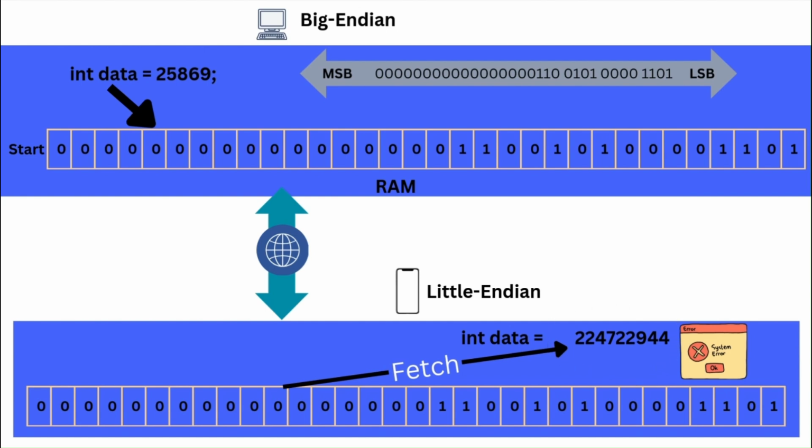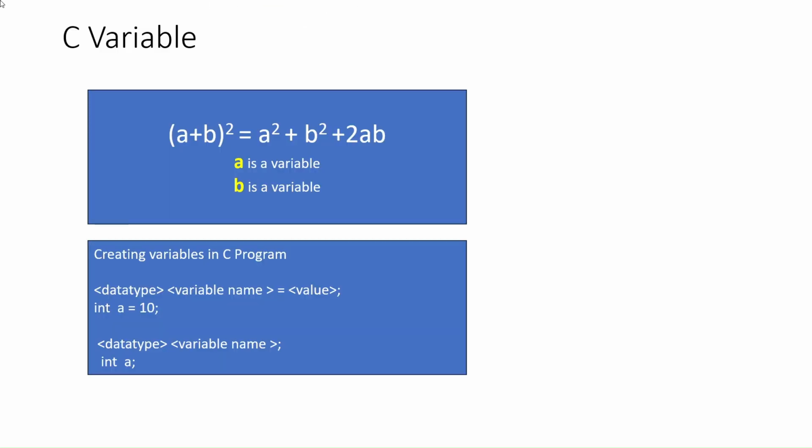Today I just want to explain the different problems that arise due to systems which communicate over the internet or any network having different endianness. How to solve this problem we will discuss in further lectures.